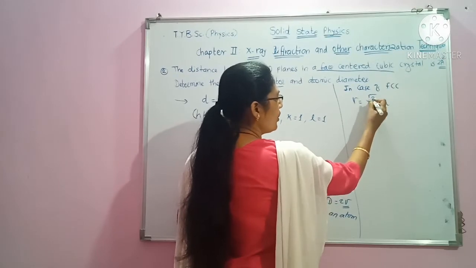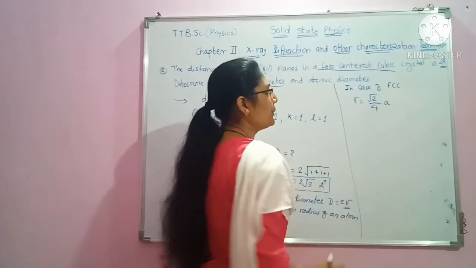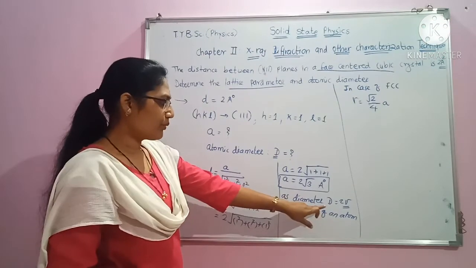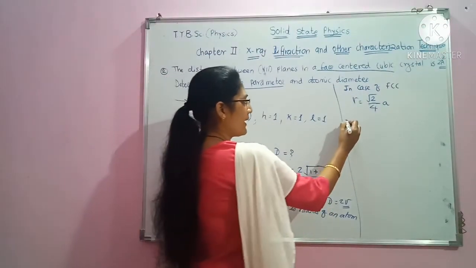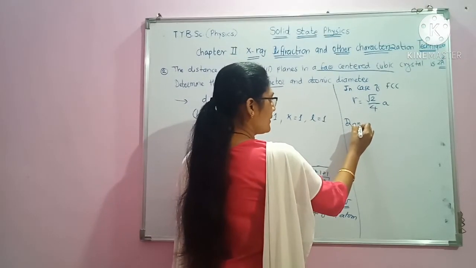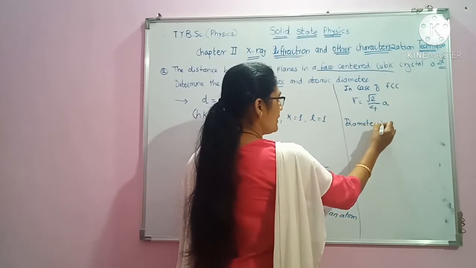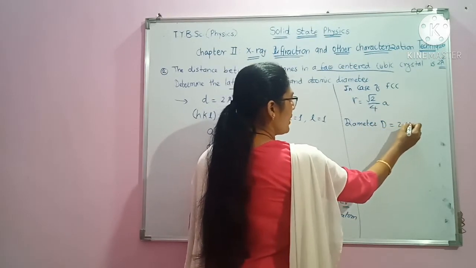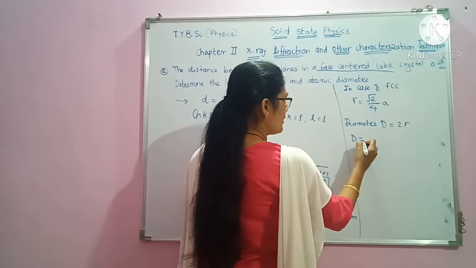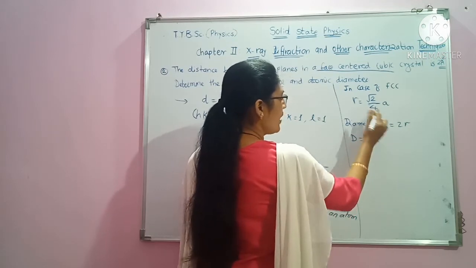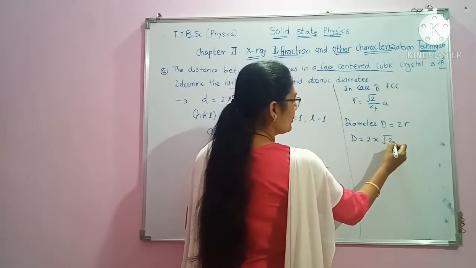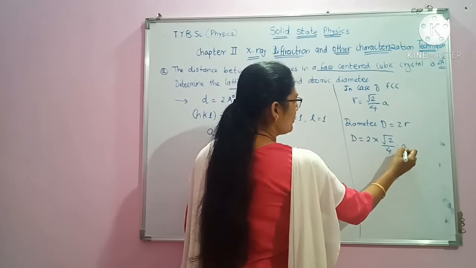R is equal to root 2 by 4 into A. And we have to calculate the diameter, and diameter D is equal to twice R. So substitute the value of R here.